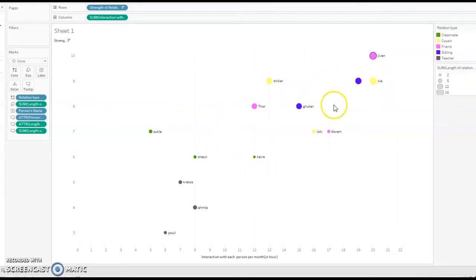In general, the friends, siblings and cousins got higher strength than the classmates and the teachers. So we can conclude that the person the student has known for the longest time and interacted with more frequently, he has the strongest relationship with that person.